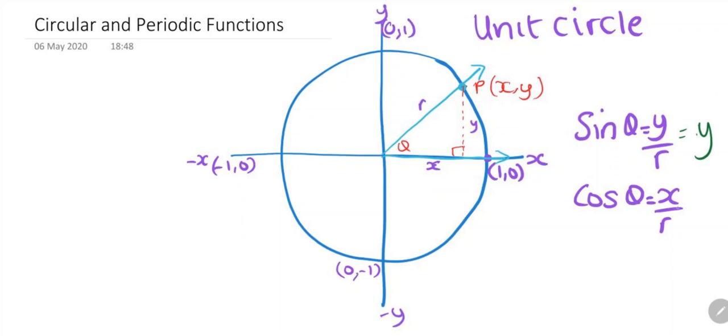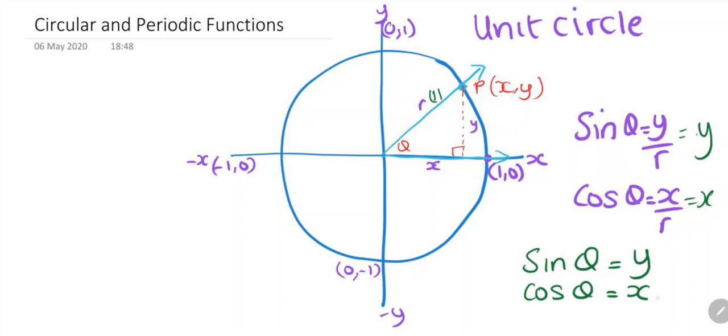And the cos of theta, r is 1, because this is just one unit. It'll be x. So we can say that the sine of theta is the y coordinate and the cosine of theta will be the x coordinate. So let's have a look at an example.